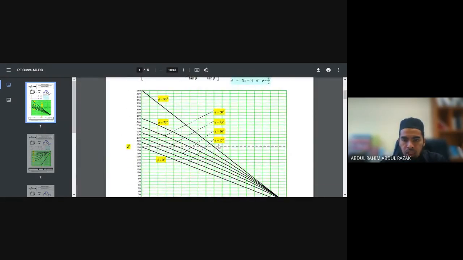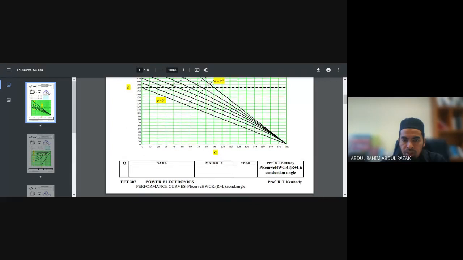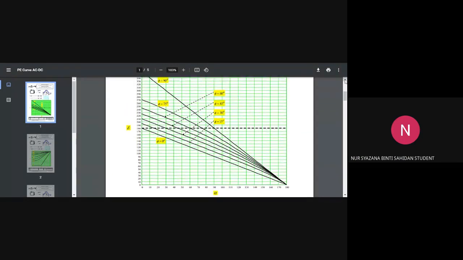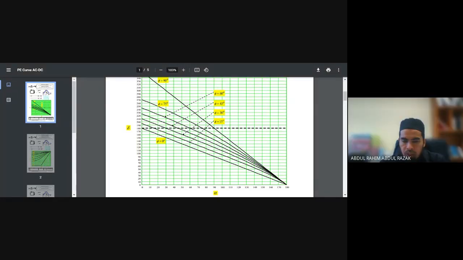Okay, when you take a look at your curve here, you can see alpha and delta. Alpha is from 0 to 180 degrees. Why can you not trigger more than 180 degrees? We'll take a look at that later. So this is the amount of alpha.